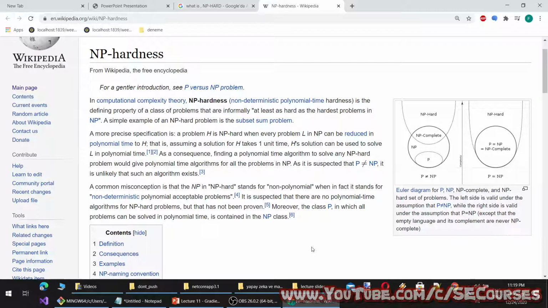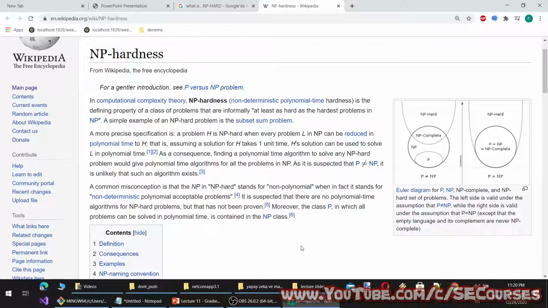A more precise specification is: a problem H is NP-hard when every problem L in NP can be reduced in polynomial time to H. That is, assuming a solution for H takes 1 unit of time, H's solution can be used to solve L in polynomial time. As a consequence, finding a polynomial time algorithm to solve any NP-hard problem would give polynomial time algorithms for all the problems in NP. As it is suspected that P does not equal NP, it is unlikely that such an algorithm exists.